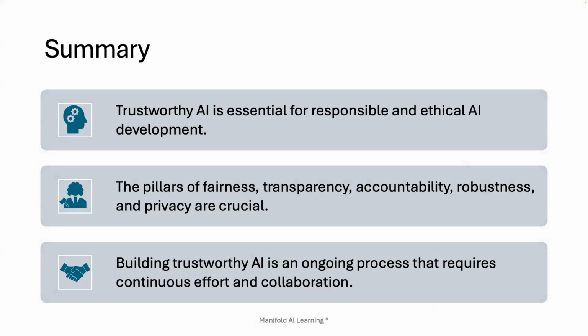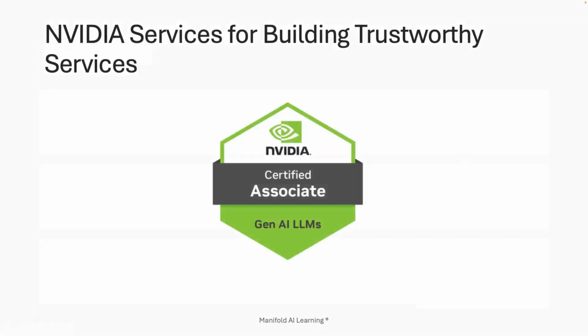Now, even though we have covered it topic-wise, there's one missing aspect. That is, how will NVIDIA services help in building such trustworthy AI? This section is very important, guys. In most sections of your NVIDIA examination, there are mostly two kinds of categories.